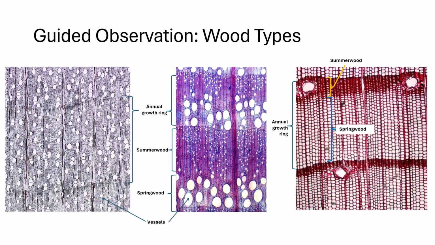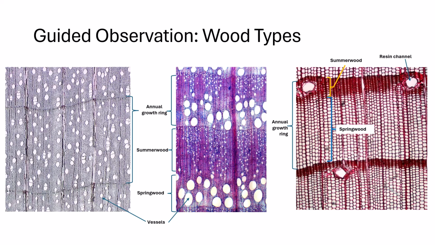Next, look for vessels. If they're present, they'll appear as large, round, or oval openings in the wood. In some samples, you'll see many of them. In non-porous wood, you won't see any at all. Although in non-porous species like pine, you will see resin channels that often get mistaken for vessels.